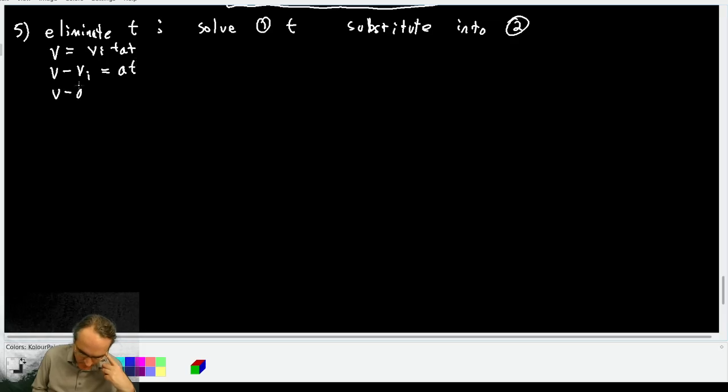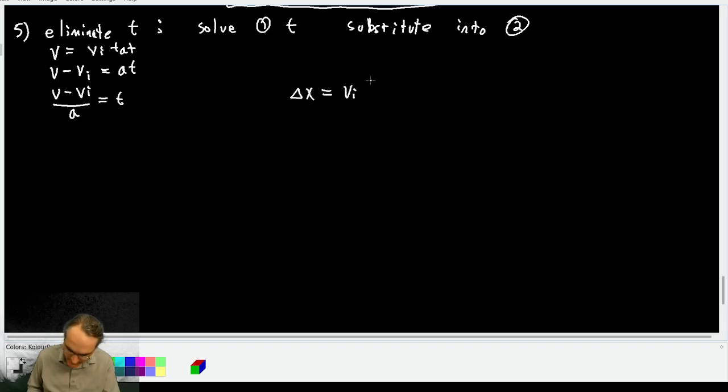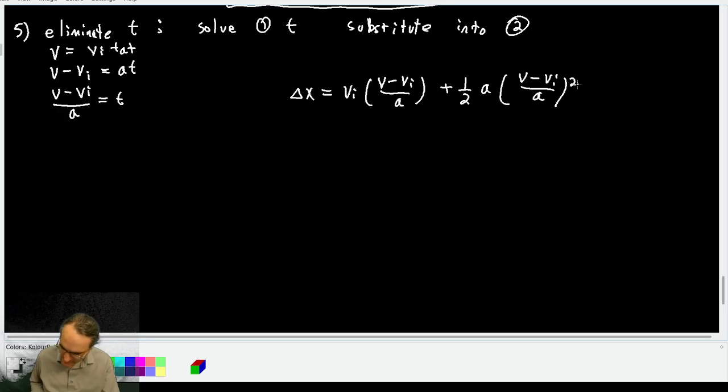We'll divide through by the acceleration. And there we have time. Substitute. Delta x is equal to vi times this entire quantity plus 1/2 the acceleration times, and here's what makes this one harder, we've got to square v minus vi over a.